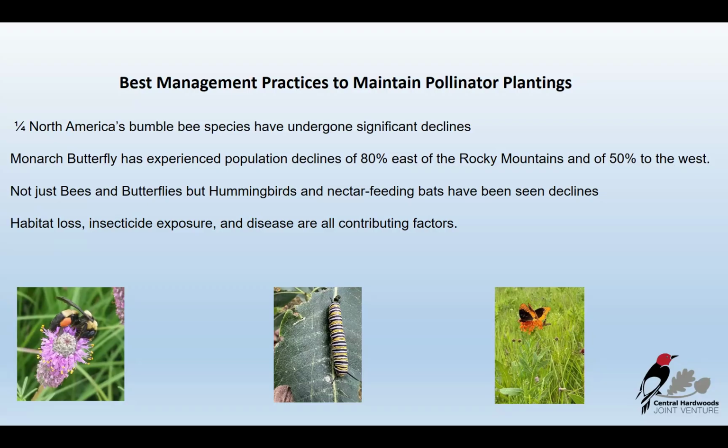It's experienced a decline of roughly 80% east of the Rockies and up to 50% west of the Rockies. So the loss of breeding habitat that includes milkweed as the monarch's host plant is a significant factor contributing to this decline. So the question is, how do we manage what is left and what are we implementing to improve?